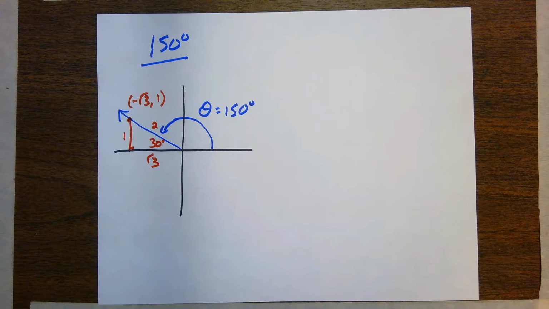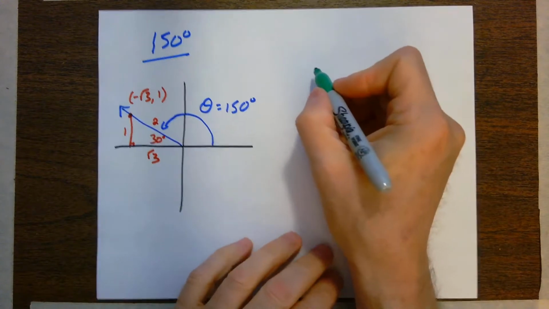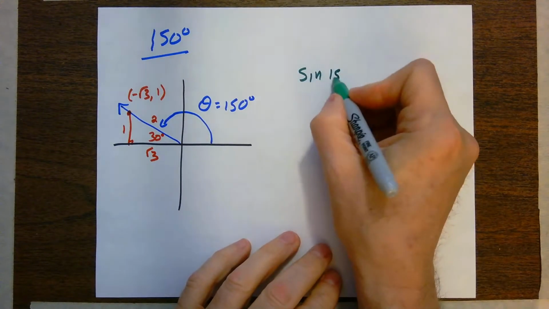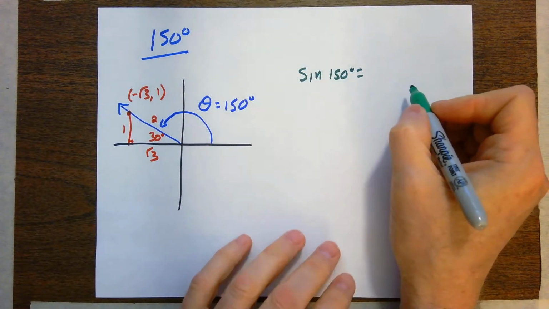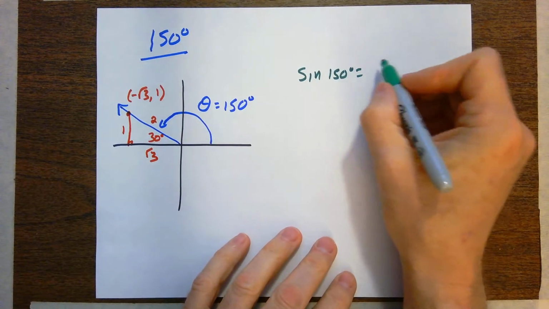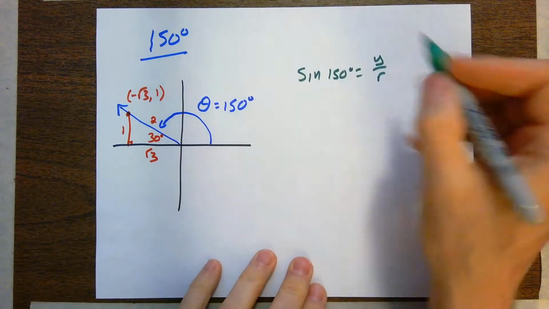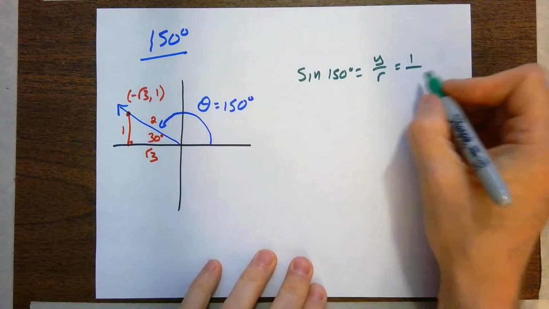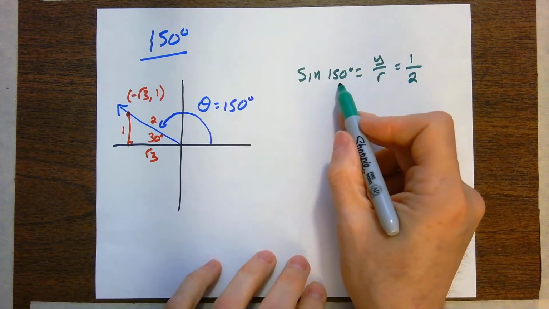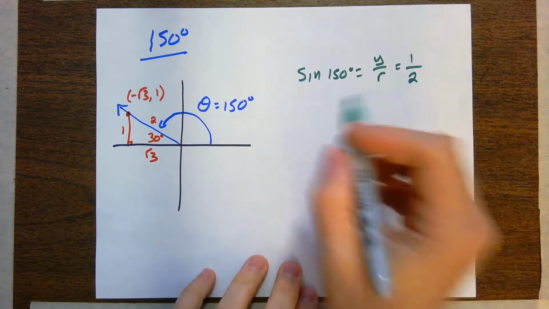So now, when I ask myself things like sine, cosine, and tangent, it's all about the reference angles. So, what is the sine of 150 degrees? The sine is the y value over the r value. The y value is 1 over the r value of 2. So the sine of 150 degrees is 1/2.